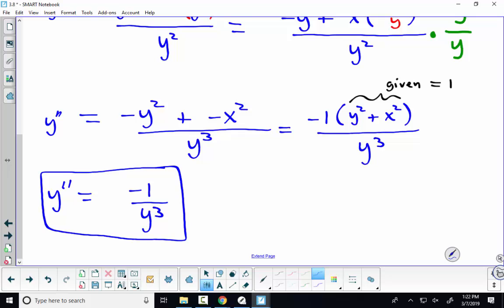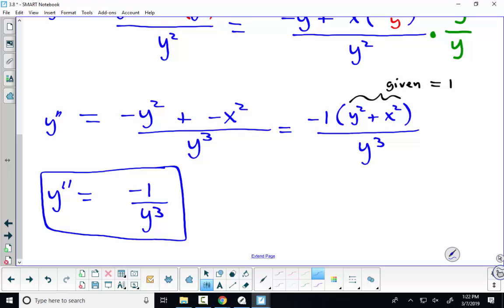So it really depends on the function. Sometimes the derivatives depend on both x and y. Sometimes the derivatives just depend on x or y. Problems like this where you do have to find the second derivative, you want to make sure that you're also looking at what the first derivative is and plugging that in to simplify.